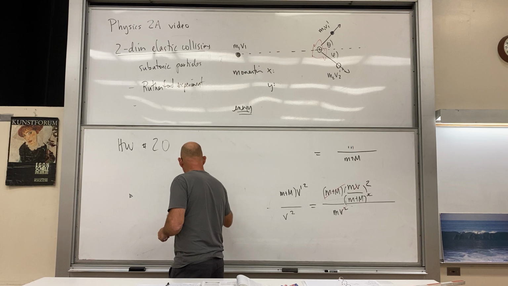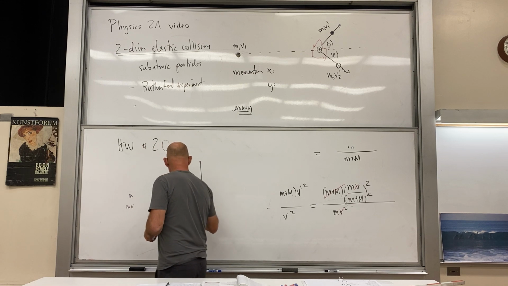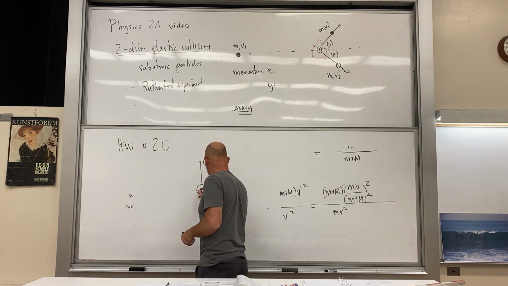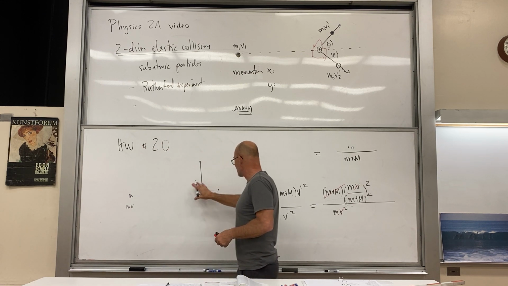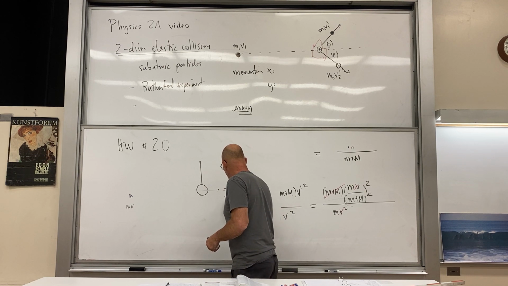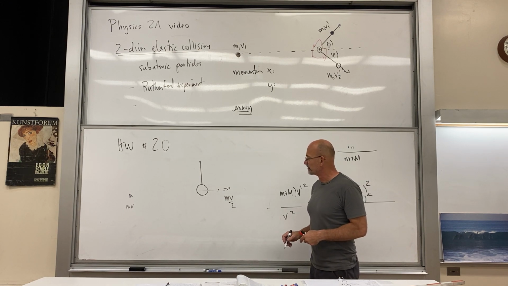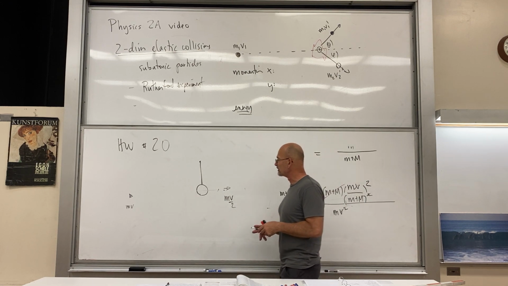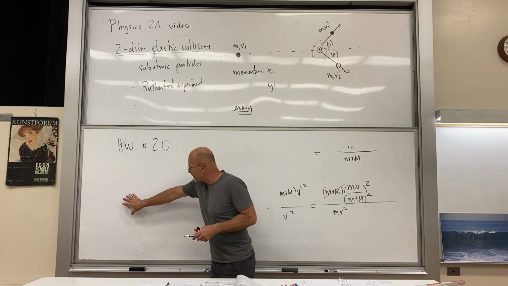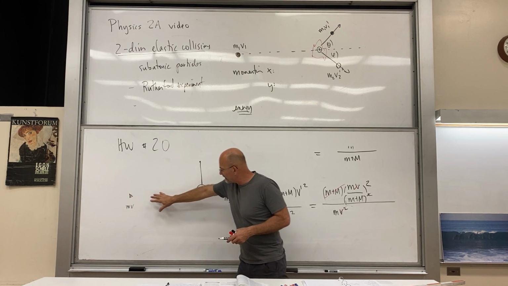It's going to pass through a pendulum. We've got MV, it's going to blast through. It's not going to get stuck, it's going to blast through, but when it comes out, it has half the speed. Okay. So this is momentum conservation. The total momentum is perfectly horizontal. The total momentum is staying constant.